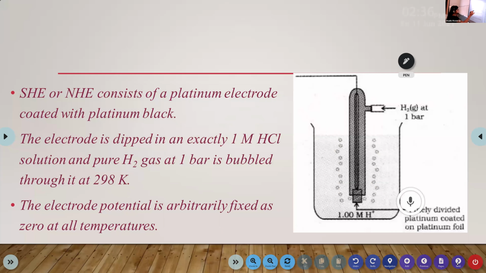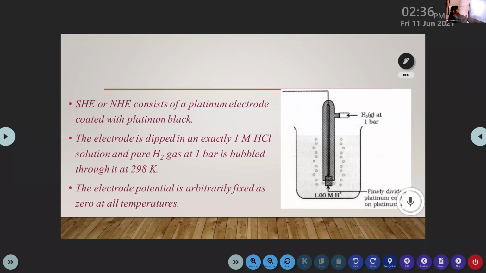So we are moving to this one. What do you mean by the standard hydrogen electrode or normal hydrogen electrode? It consists of a platinum electrode, you can see it in the image. There is one platinum electrode coated with platinum black.